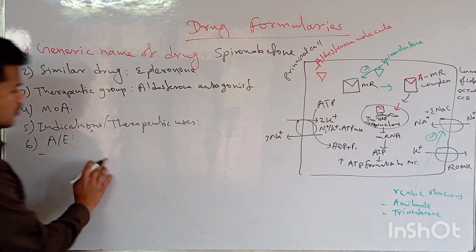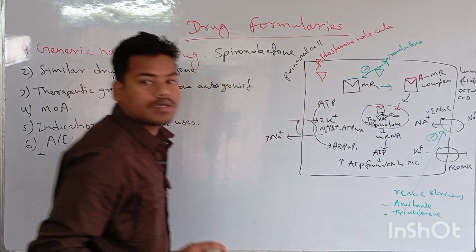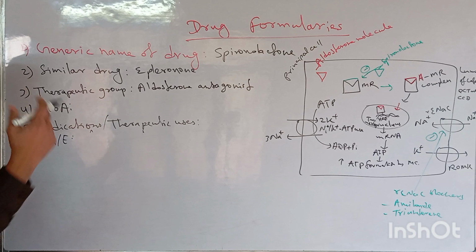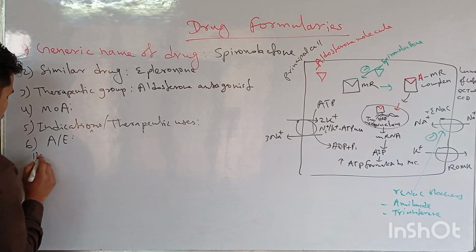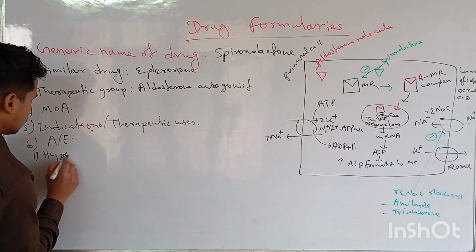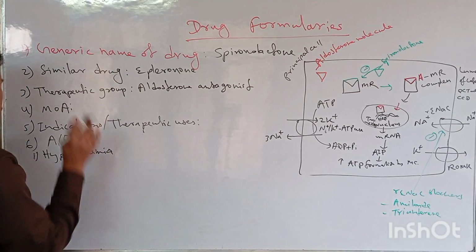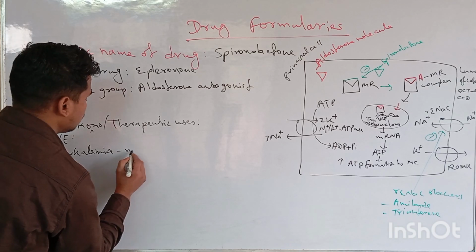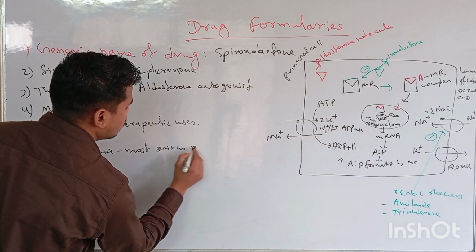So here what is happening, sparing of the potassium. So this sparing will lead to hyperkalemia. So hyperkalemia will be the most serious problem. Hyperkalemia. This is the most serious problem.